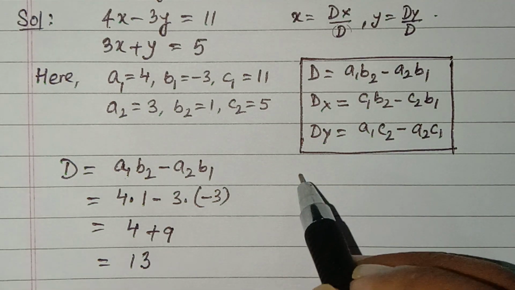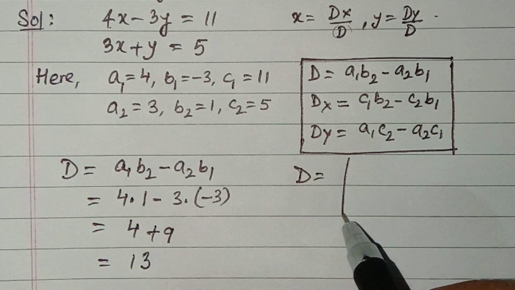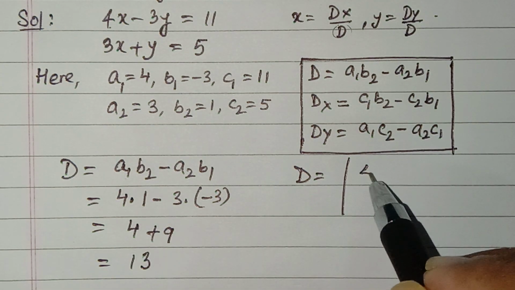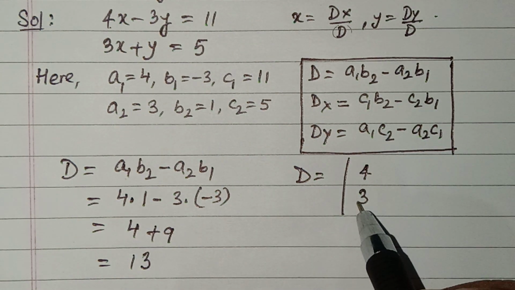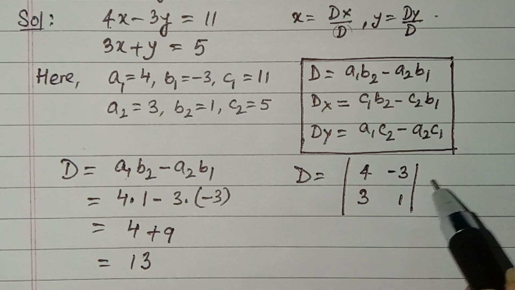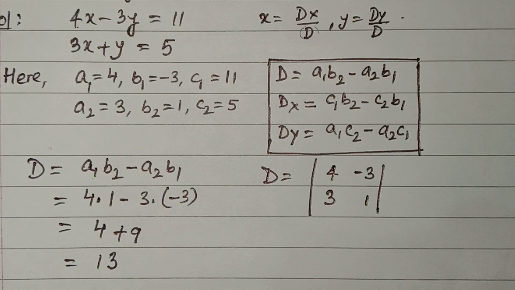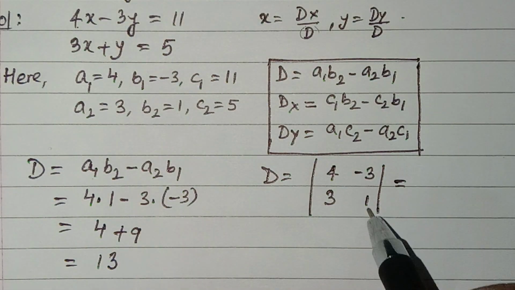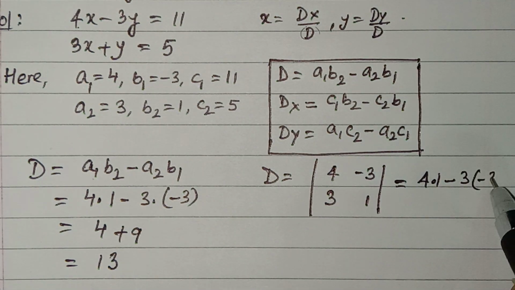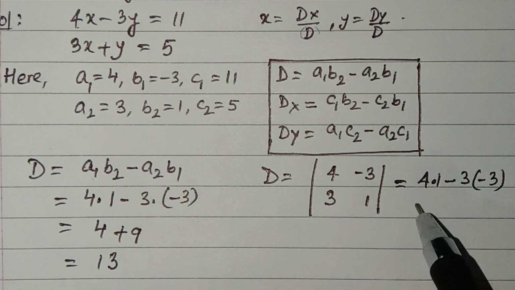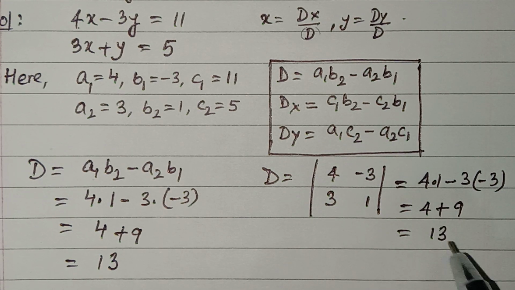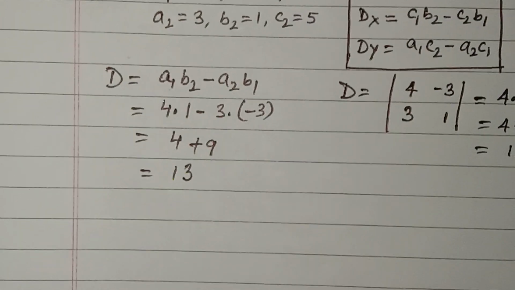In another way, we can find d as the determinant of the x coefficients and y coefficients. x coefficients are 4 and 3, y coefficients are minus 3 and 1, and this is equal to 4 times 1 minus 3 times minus 3, which is the same. So 4 plus 9, which is equal to 13. Hope you understood.